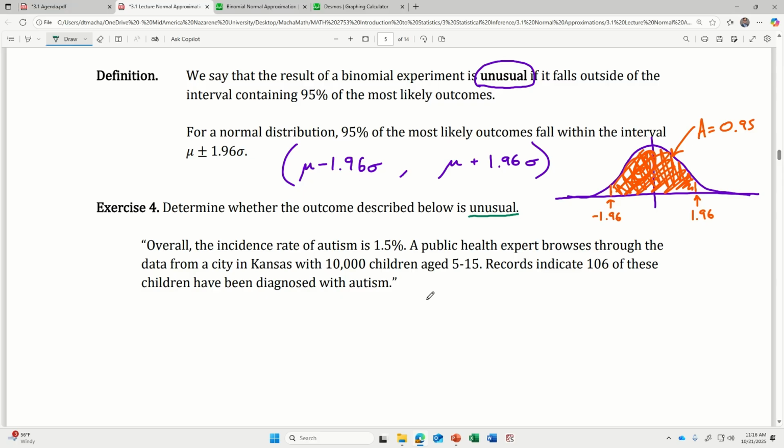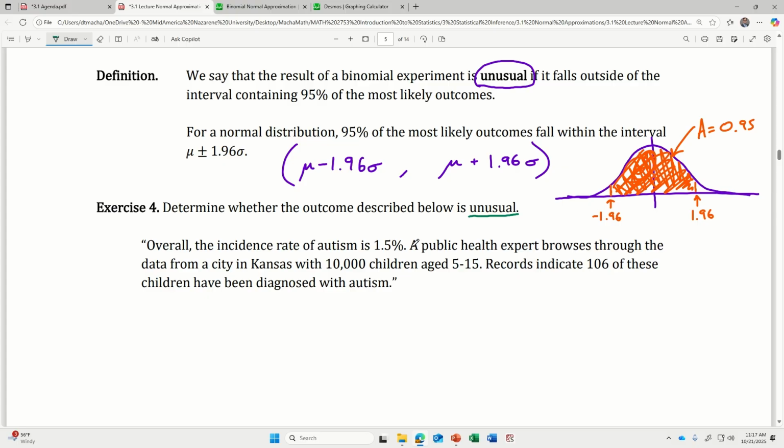Okay, so exercise 4 says, overall, the incident rate of autism is 1.5%. That means every person born has a 1.5% chance of being diagnosed with autism eventually. A public health expert browses through the data from a city in Kansas with 10,000 children ages 5 through 15.